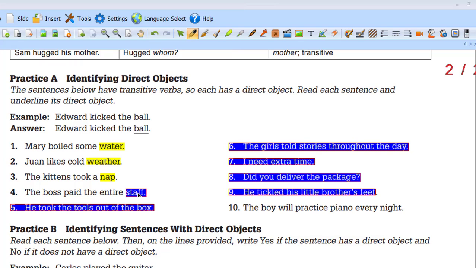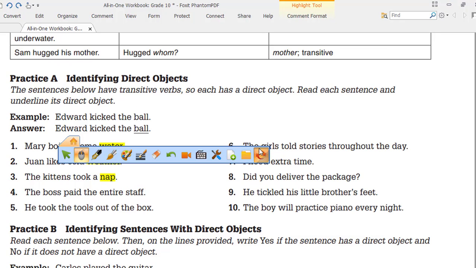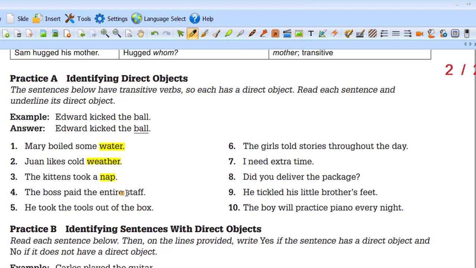Staff only. Then we have here the word tools, and so on. So the direct object comes after the action verbs.